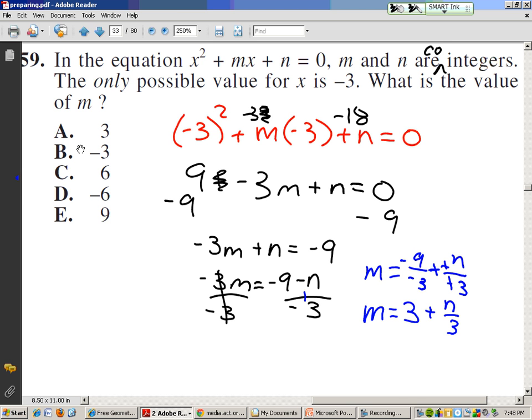If they would have put down consecutive integers, which I think is what they meant to do, then I believe the answer is positive 3. No, that can't be right either.